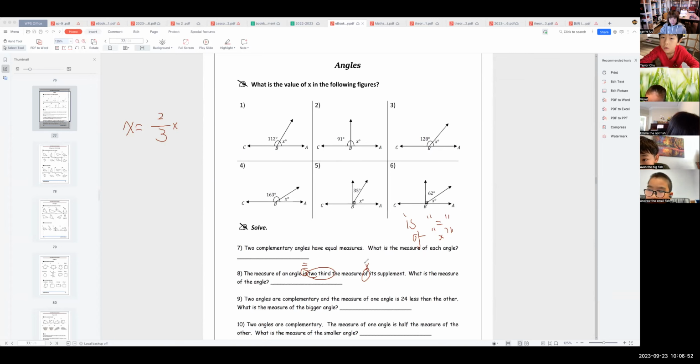Okay, "of", it's supplementary. Supplementary is what? 180 minus this number, correct? Okay, everybody, this one's getting harder. We try to understand the question first, then we calculate. So the x is that angle equals 2/3 of its supplementary. So supplementary means what?